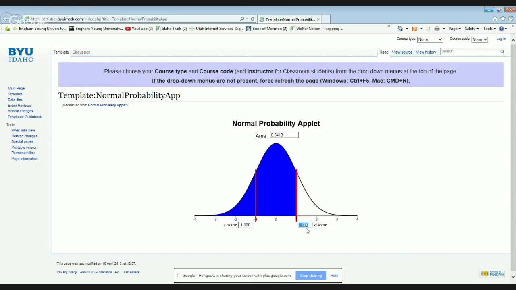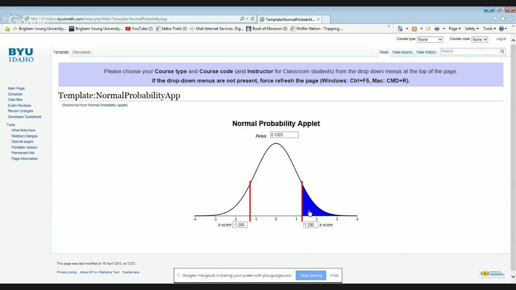Let me do that again, 1.28. There you go. If we were doing a left tail, or a less than, we would shade everything in that. If we were going to do a right tail, we would do this side here.